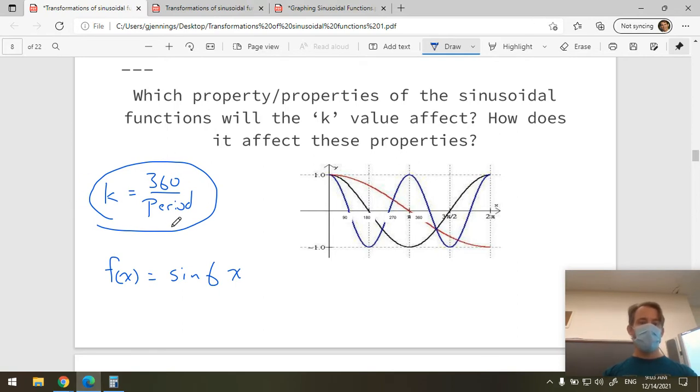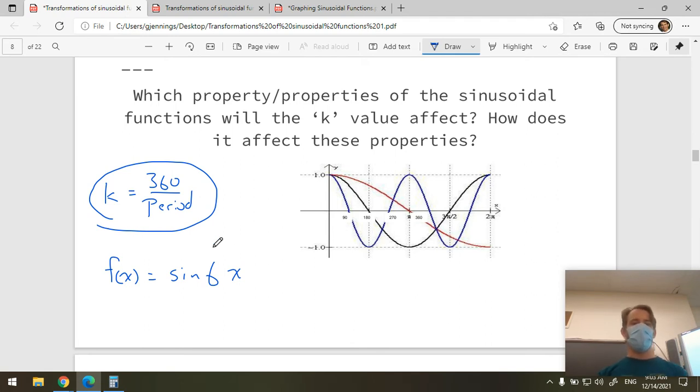Use this formula. So if I know this formula and I want to have a period that's 2 hours, something maybe like a tidal rise and fall or a very slow Ferris wheel, how would we get this period of 2 hours?